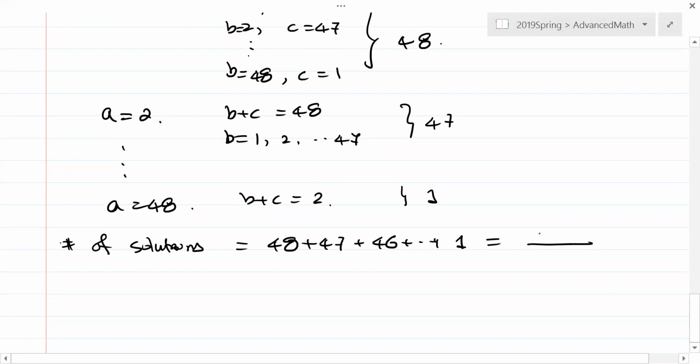You know that there's a formula, 48 times 49 divided by 2. You can multiply this out. It's a pretty large number. Times 49. It's 1,176. Yeah. So this is the solution.